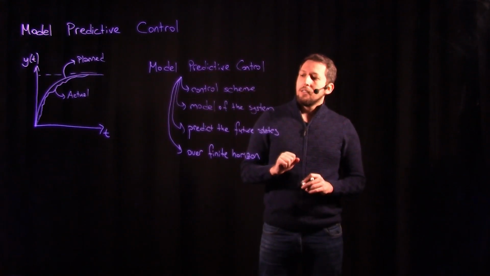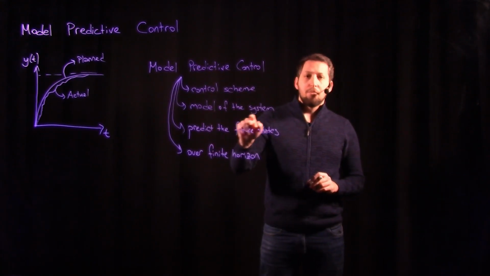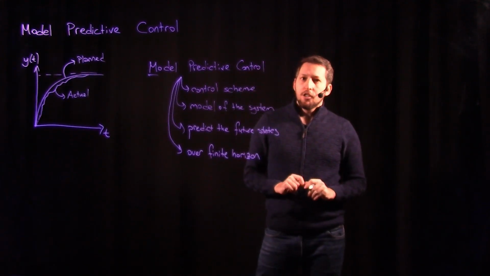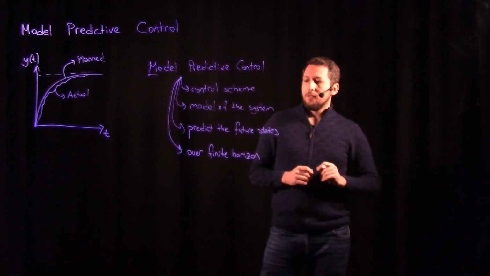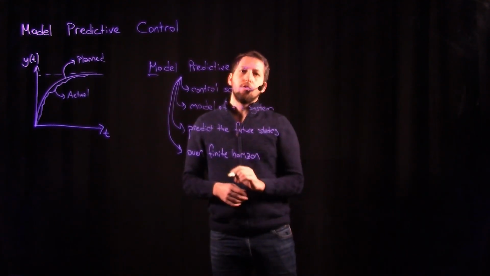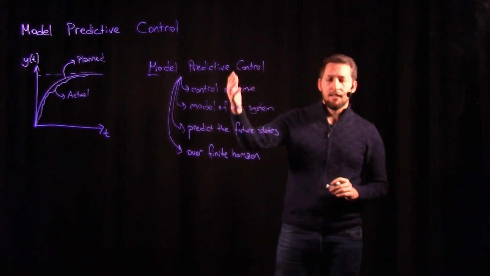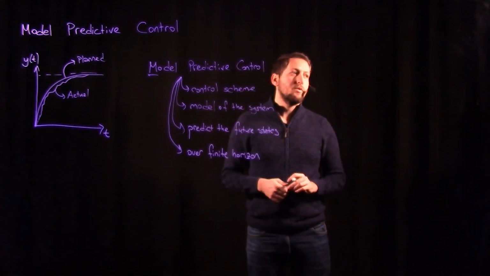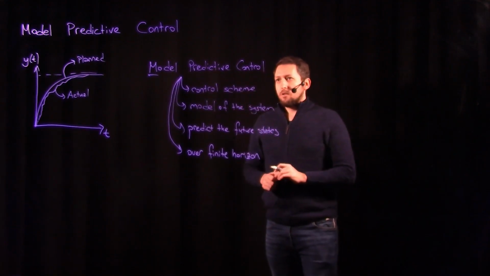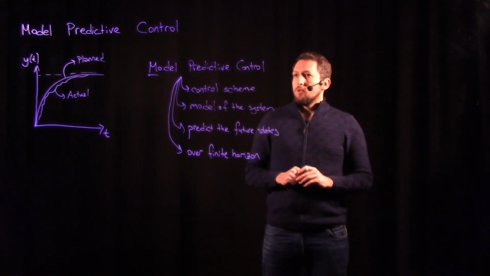Using the model of our system, we are making predictions so that we have future states of our system, and we are not doing this for infinite time. We are just making it for a finite horizon, like, let's say, 10 seconds into the future or so. Okay, so this is briefly what I would like to say about what model predictive control is.